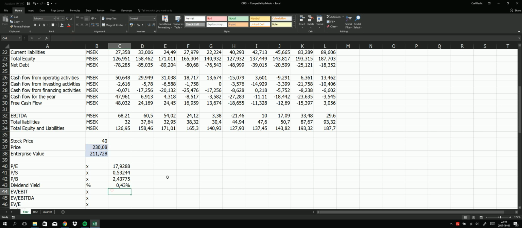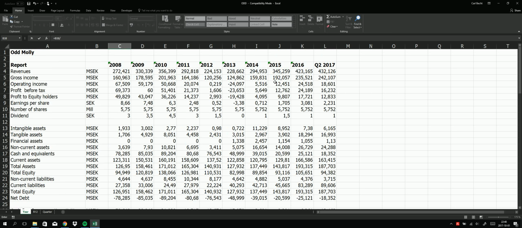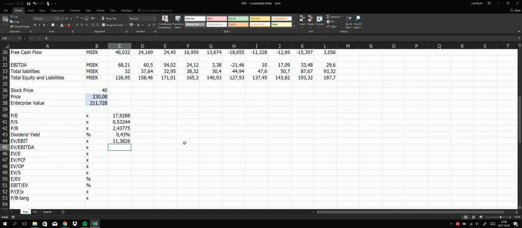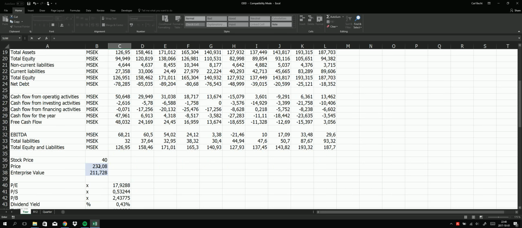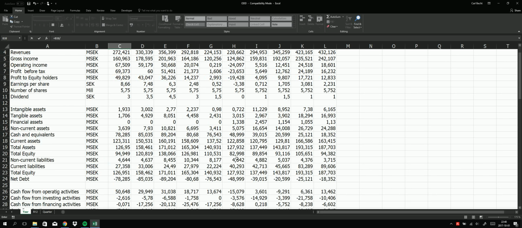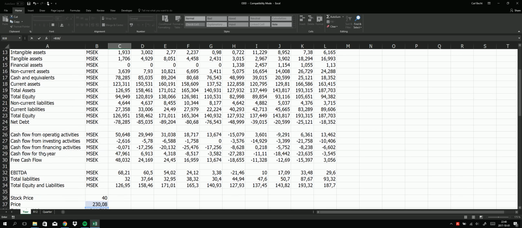Anyways, let's continue. So you have enterprise value to EBIT. This is the first time we use enterprise value, but the principle is the same. You take your enterprise value and divide it by your EBIT, which is operating income. Next one, it's the same: enterprise value, and you find your EBITDA here.